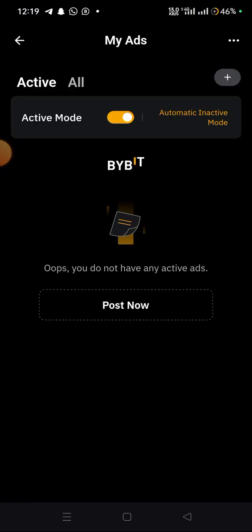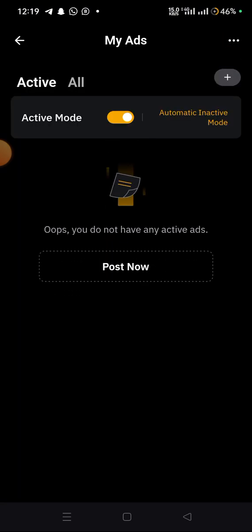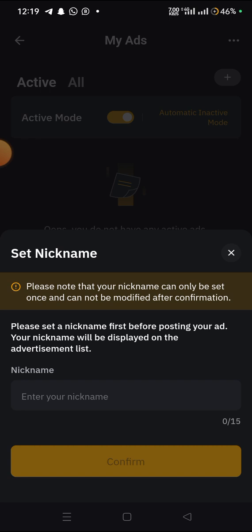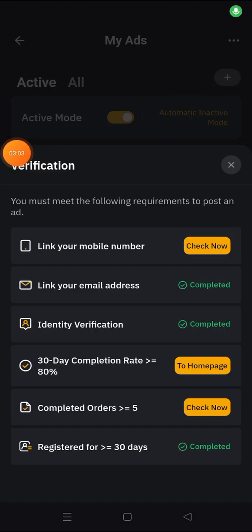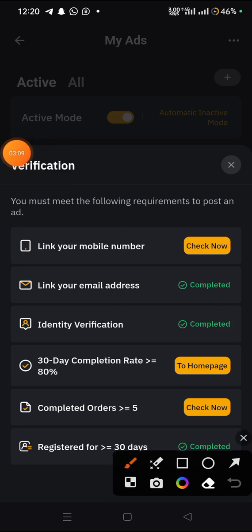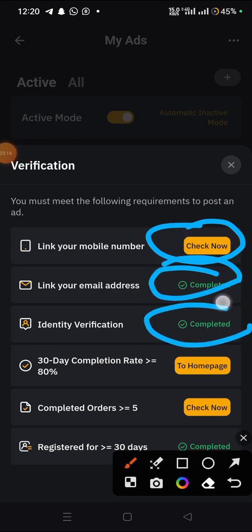When you click on my ADs, let's say you want to post an AD, you click on post. You can input your nickname, and you must do all the following verification. Link your mobile, link your email, do your identification.